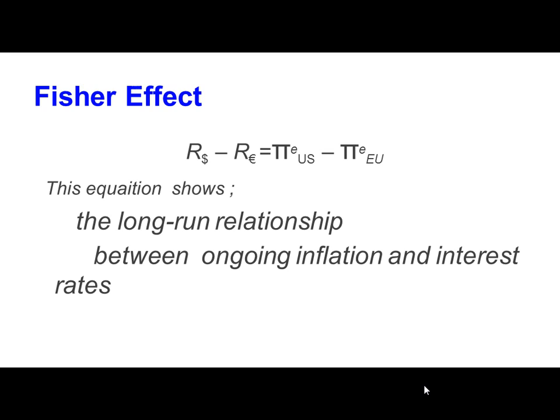This equation says the interest rate of the dollar minus that of the euro is equal to the expected inflation rate in the US minus that in Europe, and this shows that the difference in interest rates between countries is equal to the difference in the expected inflation rate in the long run.